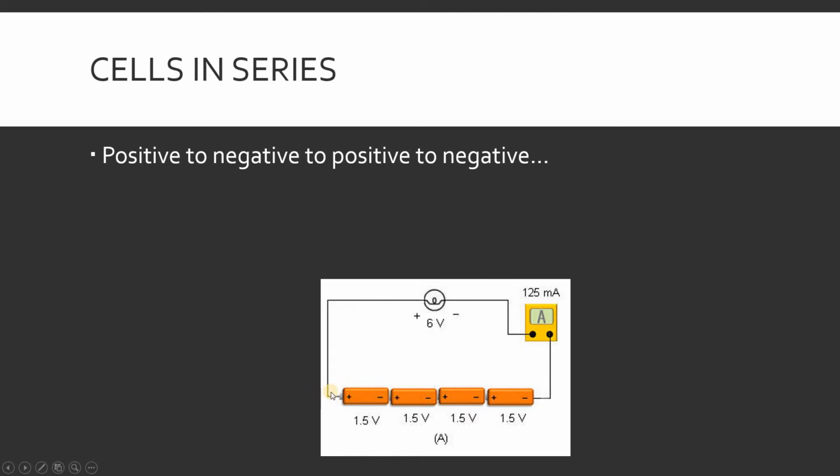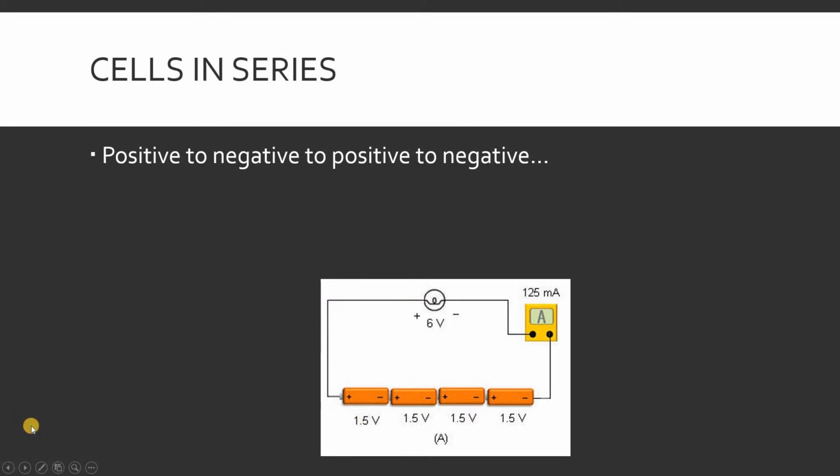That creates what we call series. The whole point of series is that the current of electrons must go through every single one of these in series in order to go to the load. Okay, that would be the purpose of using cells in series.